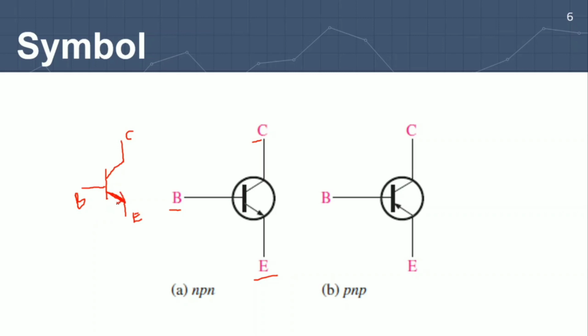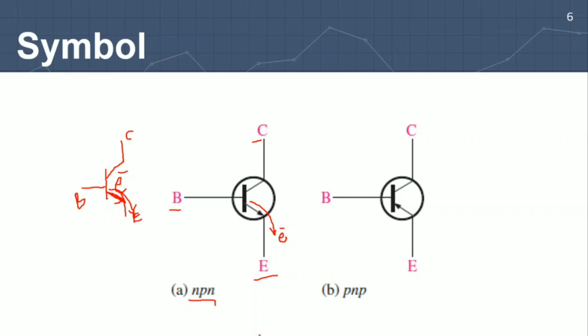If you draw the flow of charges away from the emitter, it means that electrons are flowing away from the emitter, so this says it is an NPN transistor.